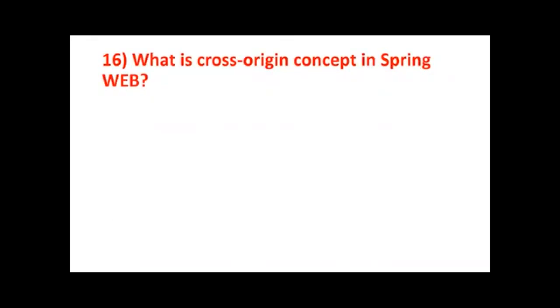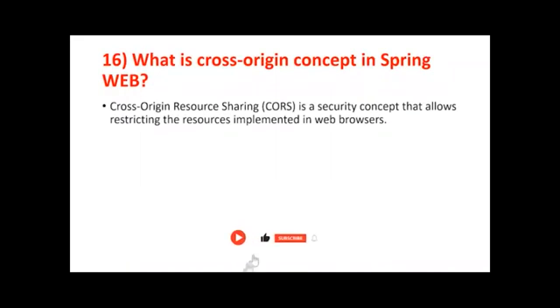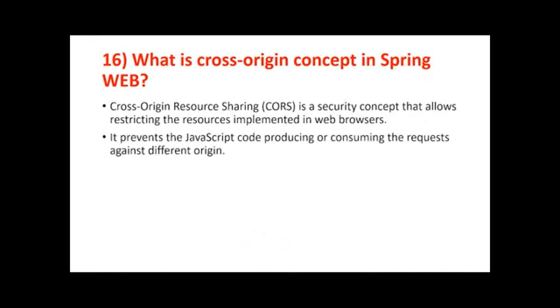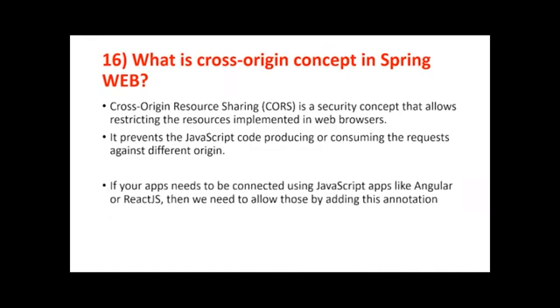What is the cross-origin concept in Spring Web? Generally, it is a security mechanism also called CORS, Cross-Origin Resource Sharing. If a request is coming from a web browser using a JavaScript application and it wants to produce or consume, it is not allowed by default. If you are working with integration like an Angular application, a React.js application, or any node-based application that runs in the browser, then on the Spring Web application side we have to add one annotation, @CrossOrigin, mentioning the URL.